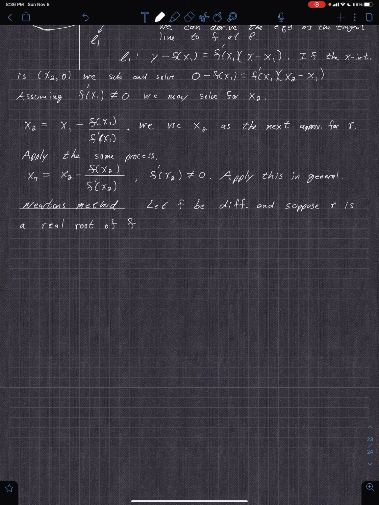All right, so then let f be differentiable, and suppose R is a real root of f.